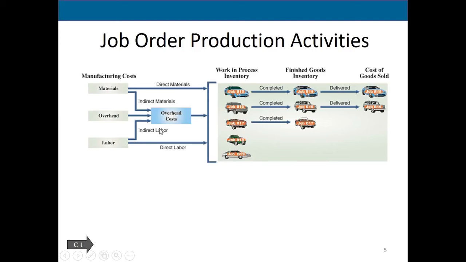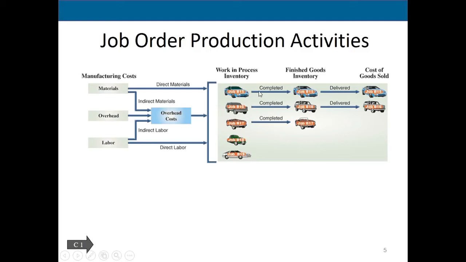So indirect materials, indirect labor, and anything else that would happen in the factory, like the rent, the utilities, the janitorial team, those are the things that are going to be overhead. But what we're going to focus on today is that we can take these costs and assign them to specific jobs so that we can track the cost of each job.